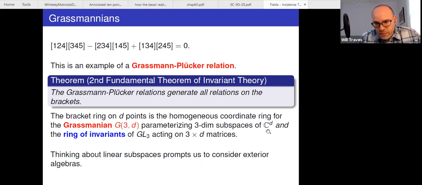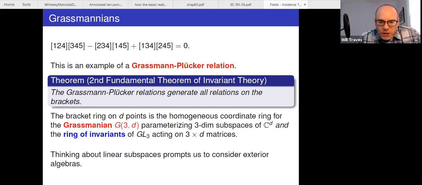So this is another way to view the same ring, as the homogeneous coordinate ring of the space that parameterizes 3-dimensional subspaces of D space, which is the Grassmannian G3D. So it's a nice interplay between invariant theory and a different branch of algebraic geometry dealing with linear subspaces.